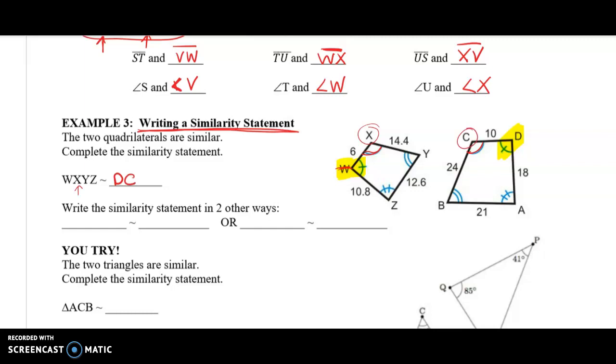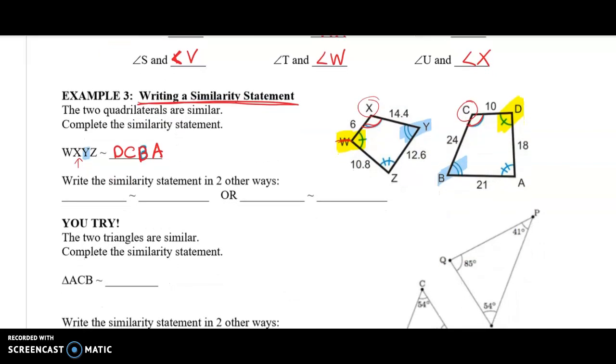And then we're going to look at Y. So Y has the two marked lines, B also has that, so that's going to be B. And then the last letter, Z, obviously has to match with A, because that's the only letter left.